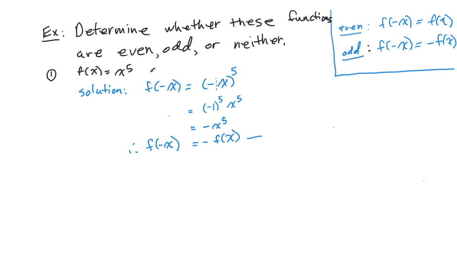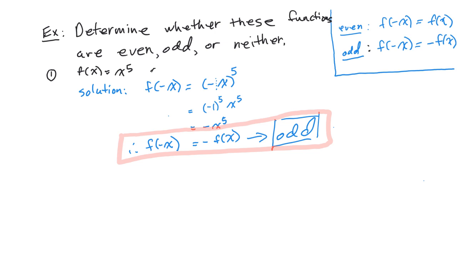So therefore, this is an odd function. Because when we look at our description, if I substitute -x, I get -f(x), which is what we expected. Okay. And now that is our solution.